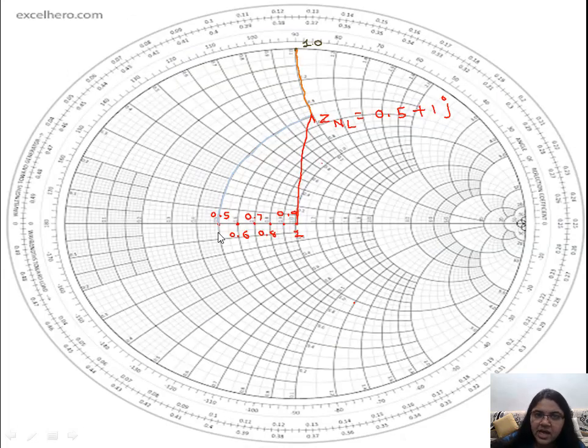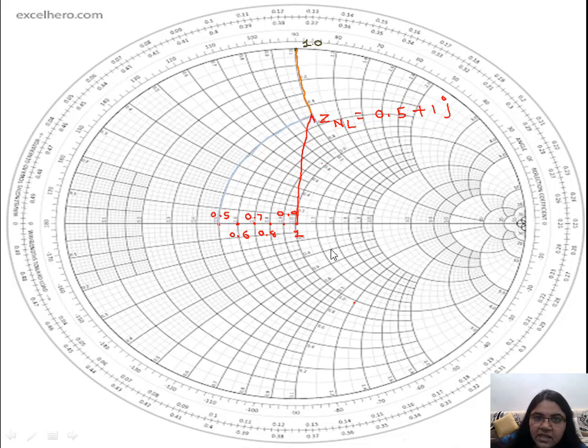So now the first part: I need to plot the ZNL value, the normalized impedance. This is the point, that is the 0.5. Now another is plus 1j, the reactive portion 1.